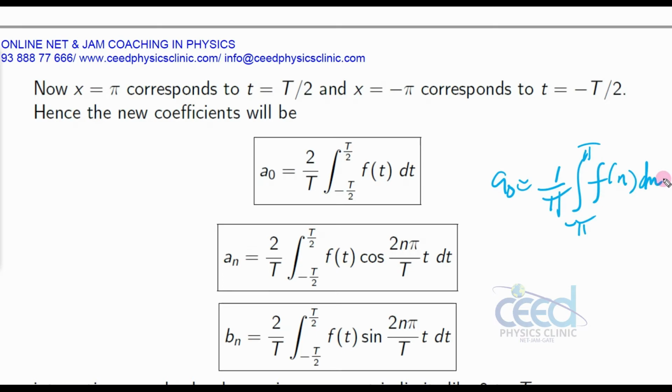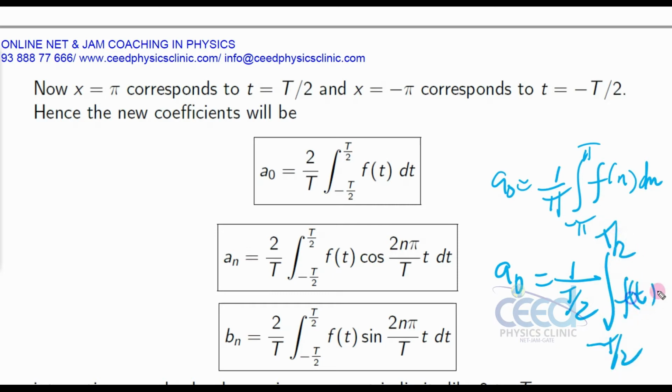So if I replace x with the time format, then a0 is equal to, this pi corresponding to T by 2, so 2 by T integral minus T by 2 to T by 2 f of t dt, right? So I can replace it like this.